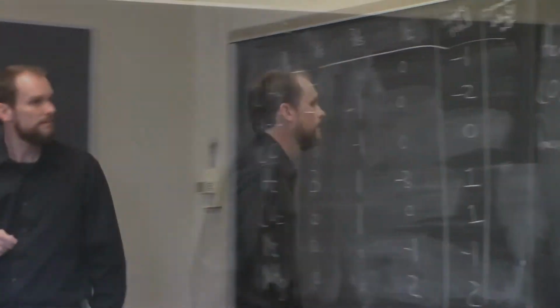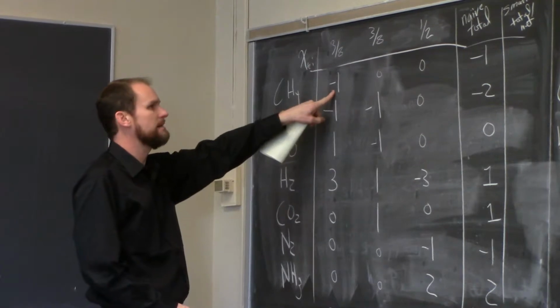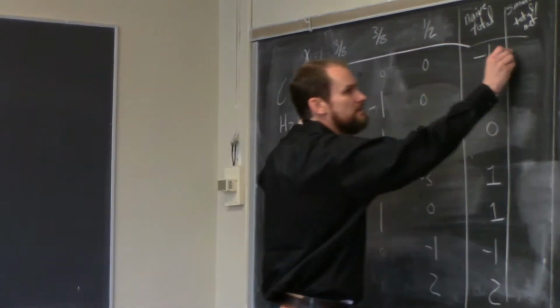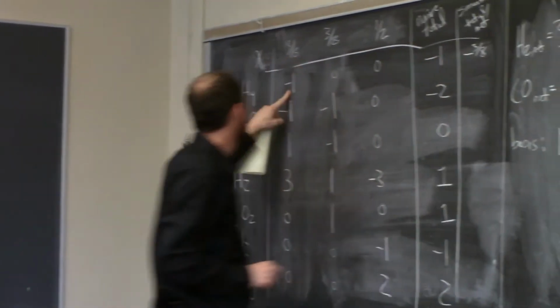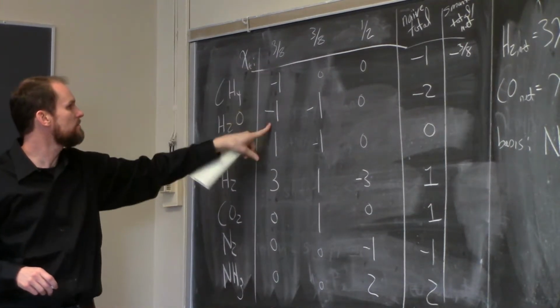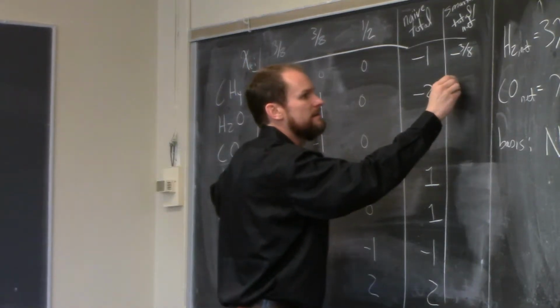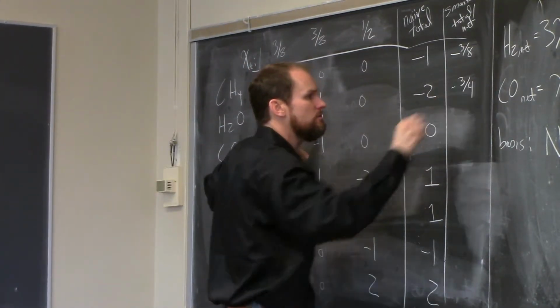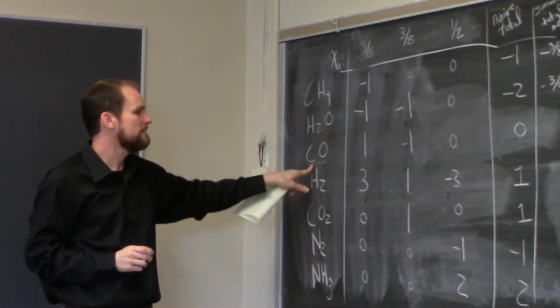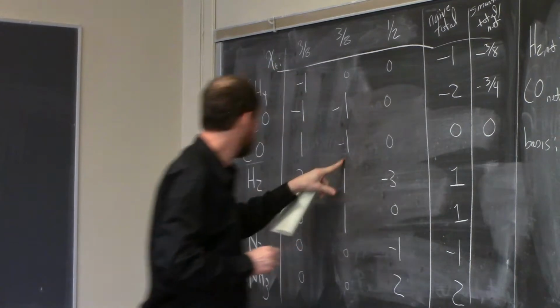So let's put 3/8 here, 3/8 here. Now how much CH4 do I take? 3/8 in reaction 1, and I'm taking up 1 mole there, so that's going to be minus 3/8. H2O, I'm taking up 3/8 mole in the first reaction, 3/8 mole in the second reaction, so it's going to be minus 6/8 or 3/4. CO, 3/8 minus 3/8, there's my net 0, that's good.